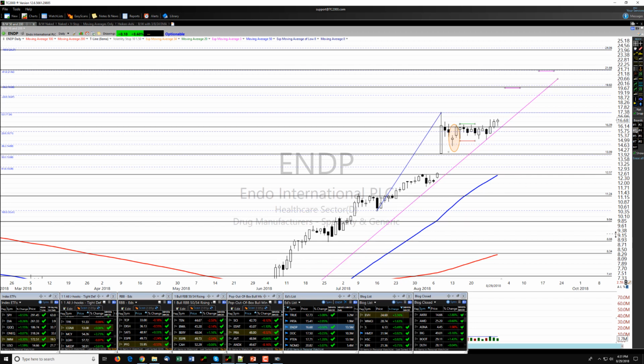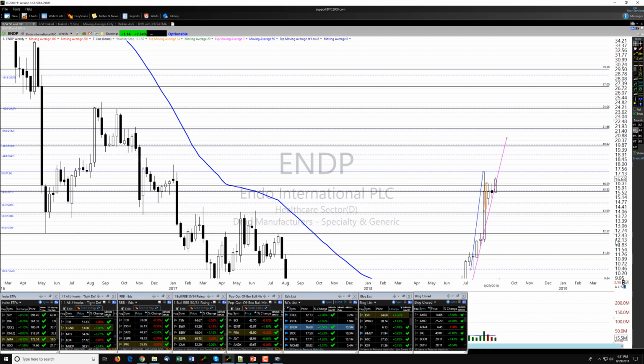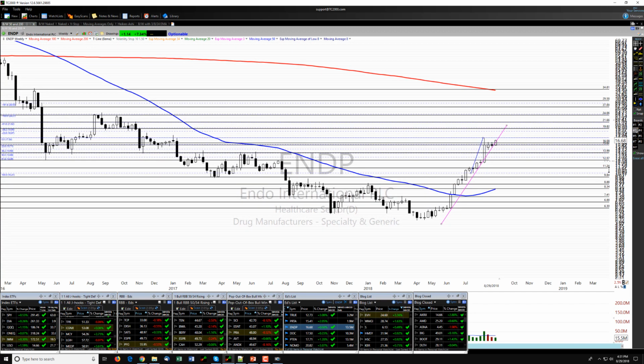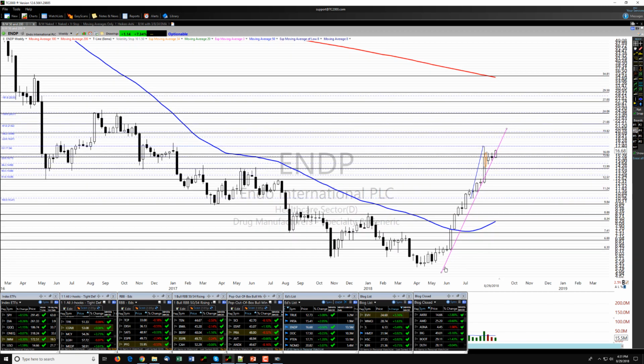If we go out to a weekly chart, pull this up here, you can see that we've been in a very strong trend here, probably since, I would call it, April. You can see that we've got some levels that stand out pretty well as resistance above.